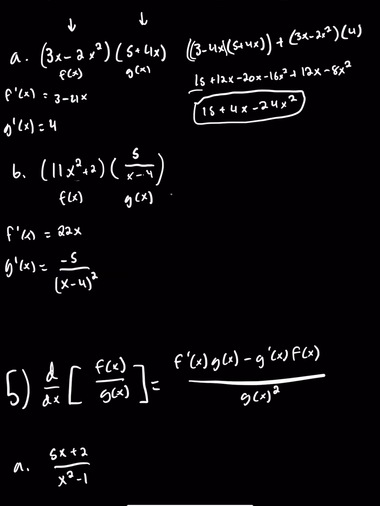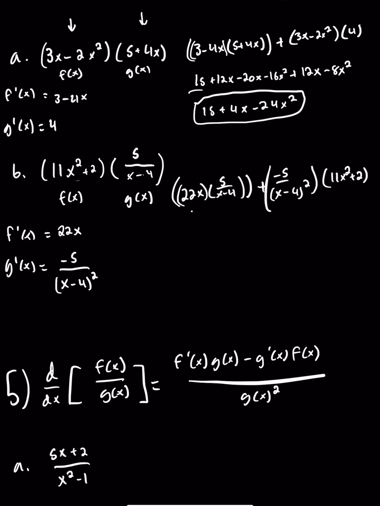Okay, now let's plug that in. So we'll take our f prime of x, g of x, and we'll add it to our g prime of x, which is negative 5 over x minus 4 squared, which will be multiplied by our original f of x.